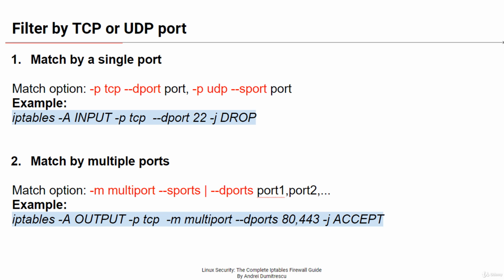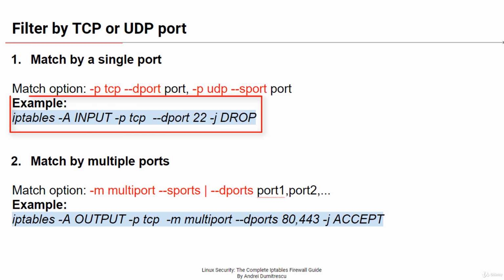It's mandatory to specify the TCP or UDP protocol using the -p match option, otherwise you'll get an error. Keep in mind that there are ports in the packet header only if the protocol is TCP or UDP. Other protocols, like for example ICMP, do not use ports at all.